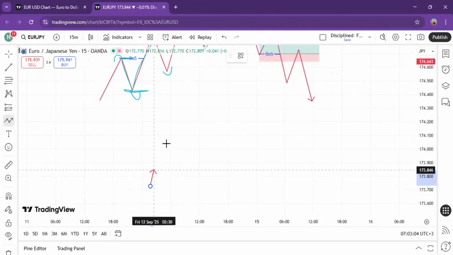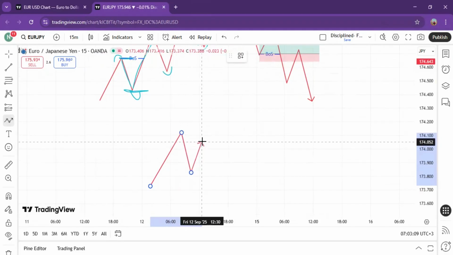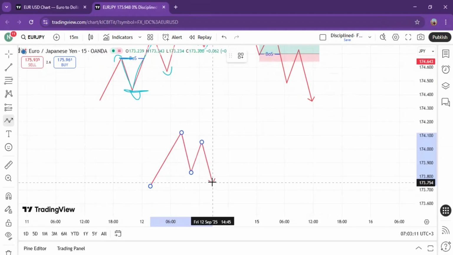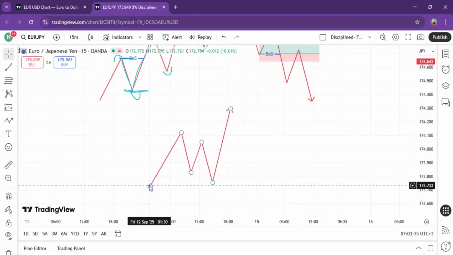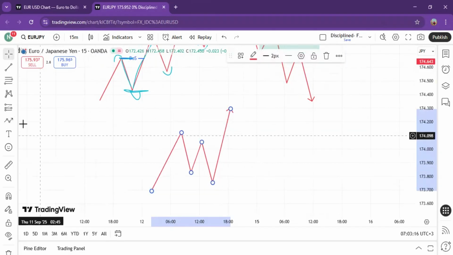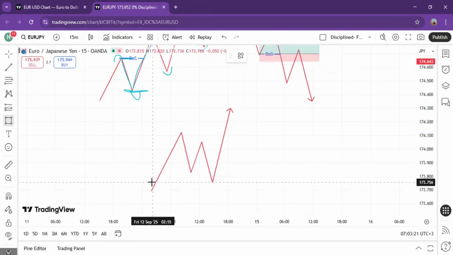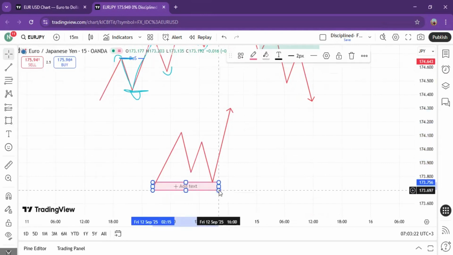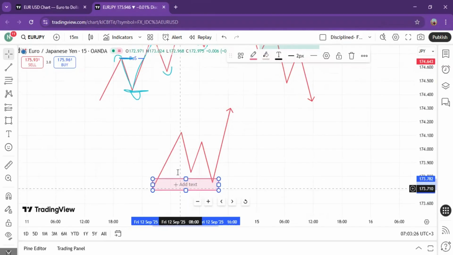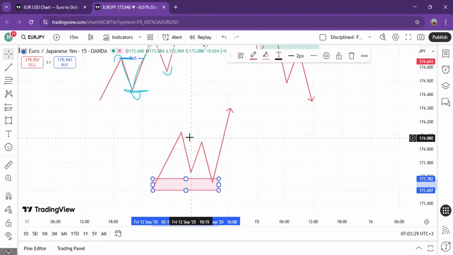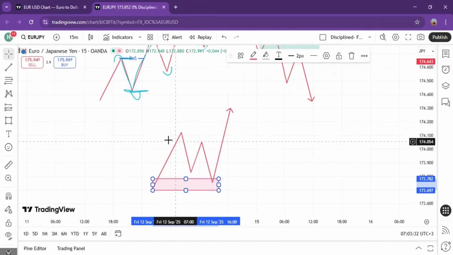When it comes to internal liquidity, this is whereby the market will manipulate traders, then get to a zone on a point of interest. For example, let's say we have a demand at this point. This is how internal liquidity works. You have internal liquidity at these points here.